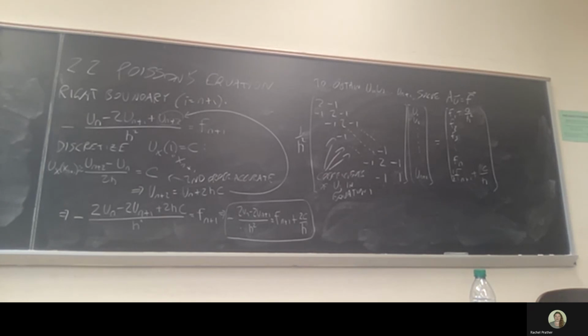What's the advantage of having this matrix instead of the other one? What property does this matrix have that the other one didn't? It's symmetric. Is it though?